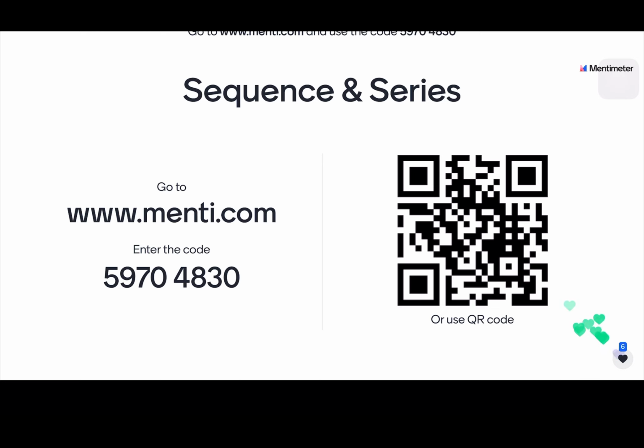If you have trouble joining using the QR code, you can just go to the website and enter the code. I will wait for some participants, okay, 13, 15. I think we can start.